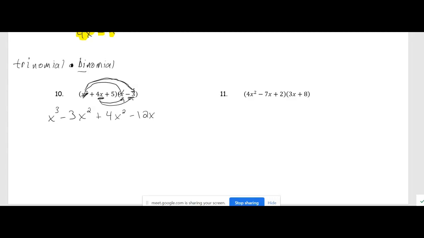We're now done with the 4x. So he's been distributed, but we still have the 5 that needs to be distributed. So now take your 5. The 5 times x would be a 5x. And then the 5 multiplied by the -3 is a -15.